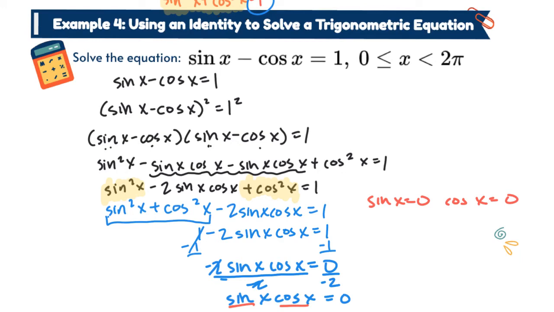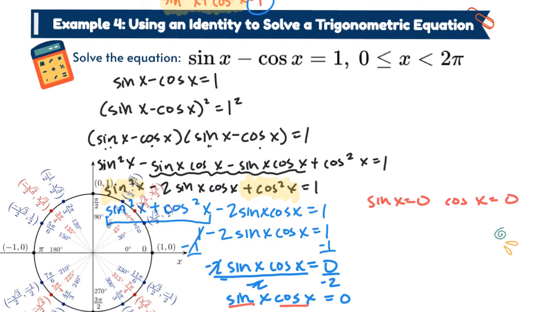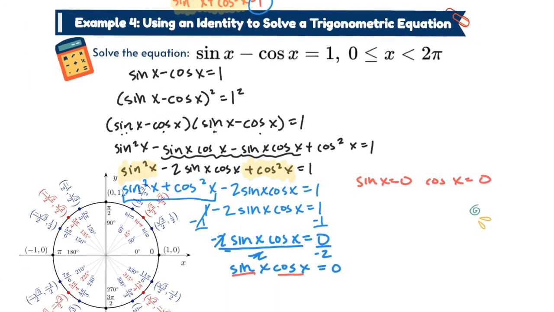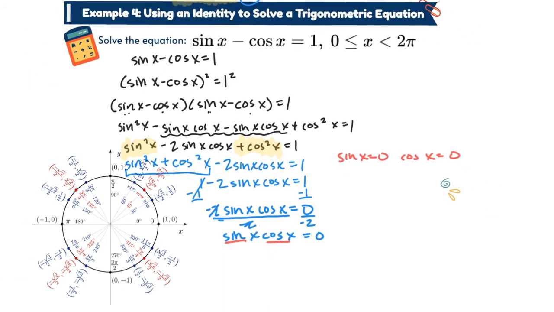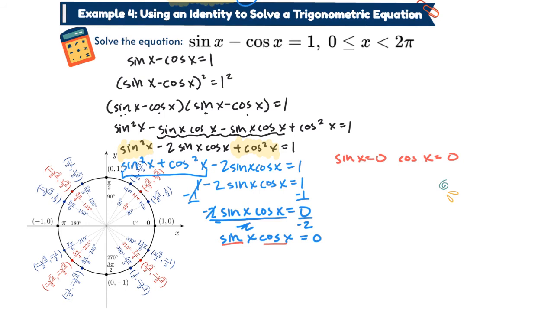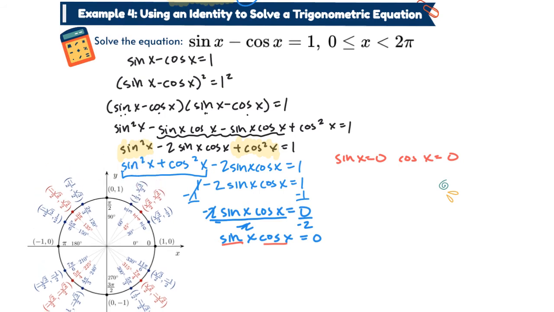And now I can bring in my unit circle and look for the instances where sine x and cosine x equal 0. So I'm looking for where sine, or y, is 0. So I've got y equals 0 here and here.